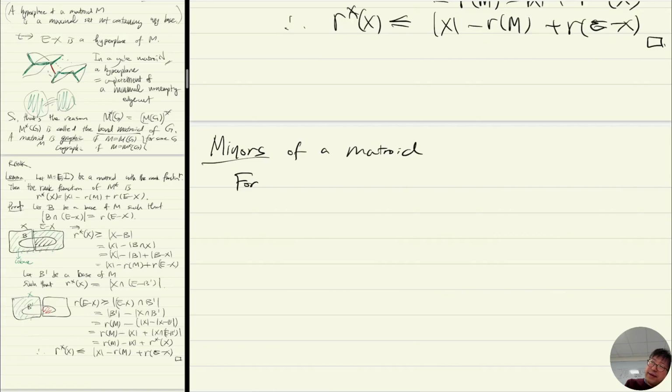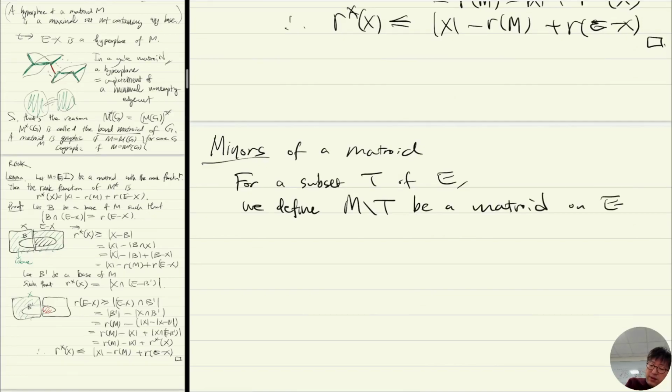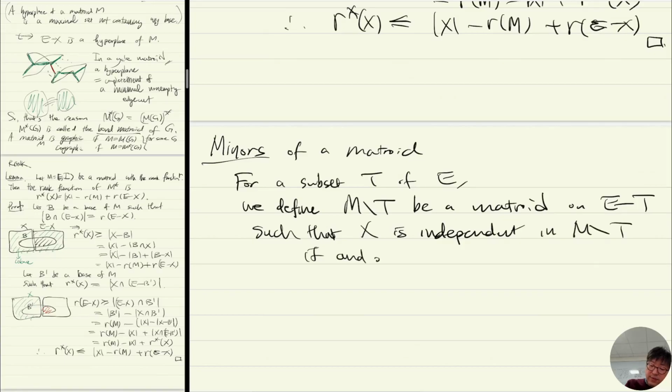For a subset T of E, we define M delete T to be a matroid on E minus T such that X is independent in M delete T if and only if X is independent in M, for all X subset of E minus T.